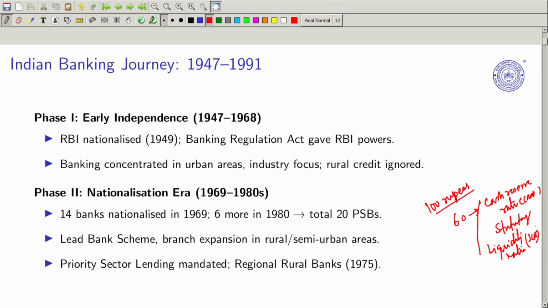And then the lead bank scheme came in, wherein a nodal bank, in the form of a local bank, was empowered to cater to rural areas, rural pockets, and even semi-urban areas.